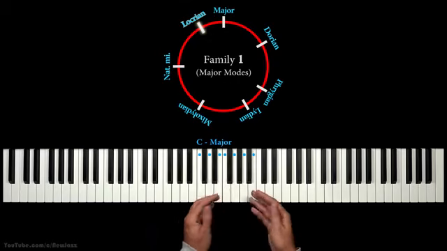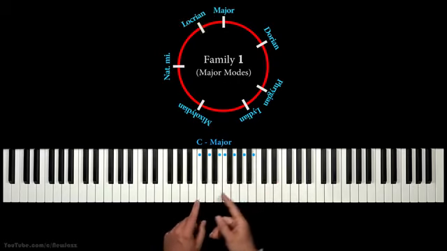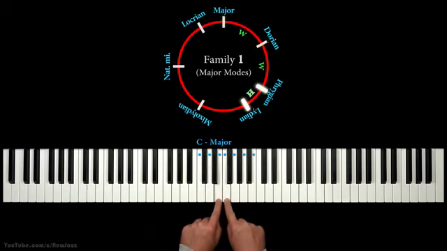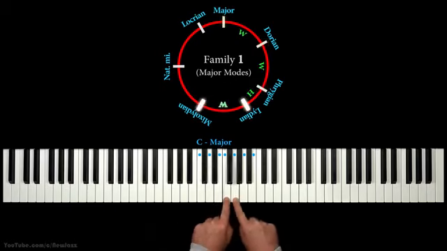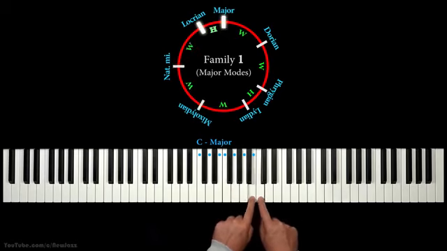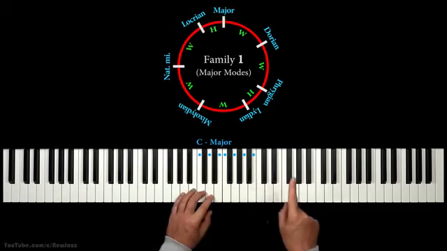Now, look at the interval steps on our major scale. Whole step, half step, whole step, whole step, whole step, and a half step. On our circle, we have written down the interval steps.